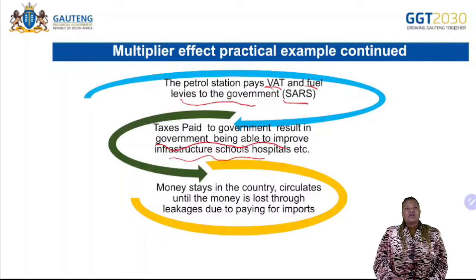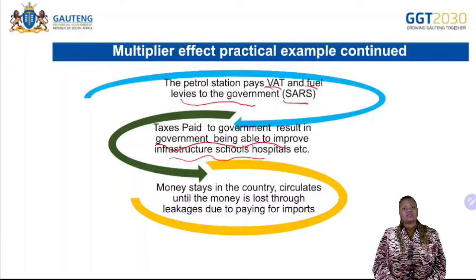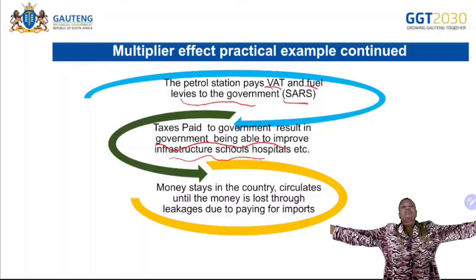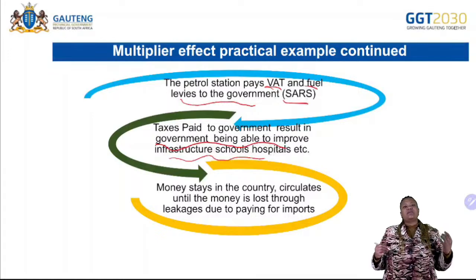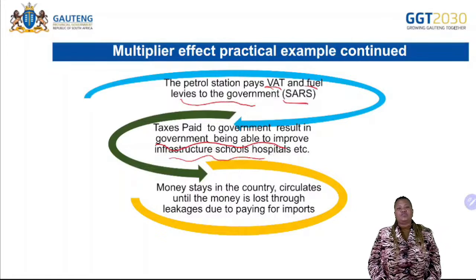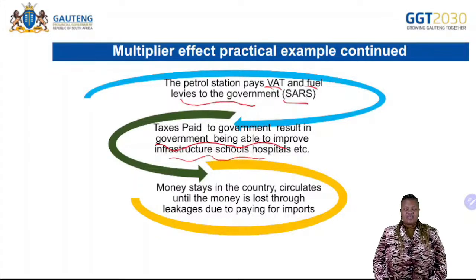And governments, once they receive that VAT and the fuel levies, are able to improve infrastructure, schools and hospitals, etc. It takes us back again that this wouldn't have been possible for this money to multiply through different hands, to different people, benefiting different people indirectly and directly, if it wasn't for the tourists who arrived and spent some money at the hotel.